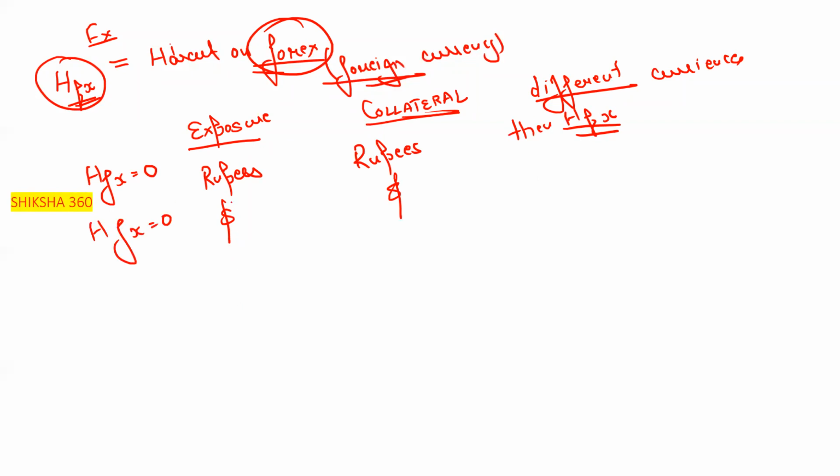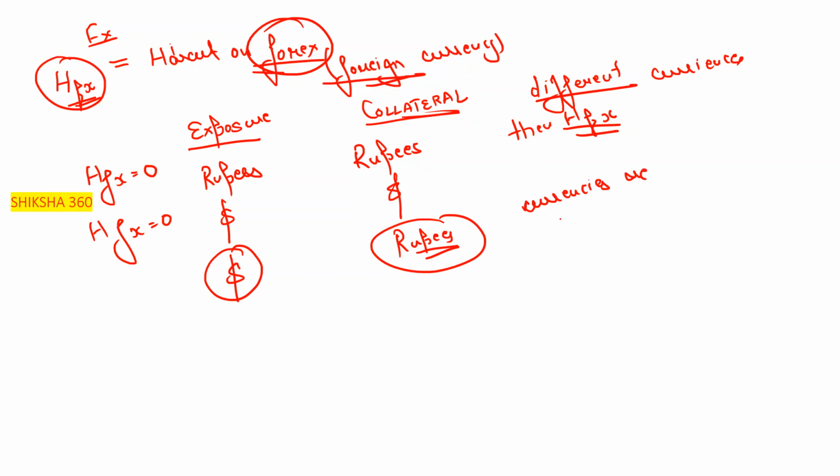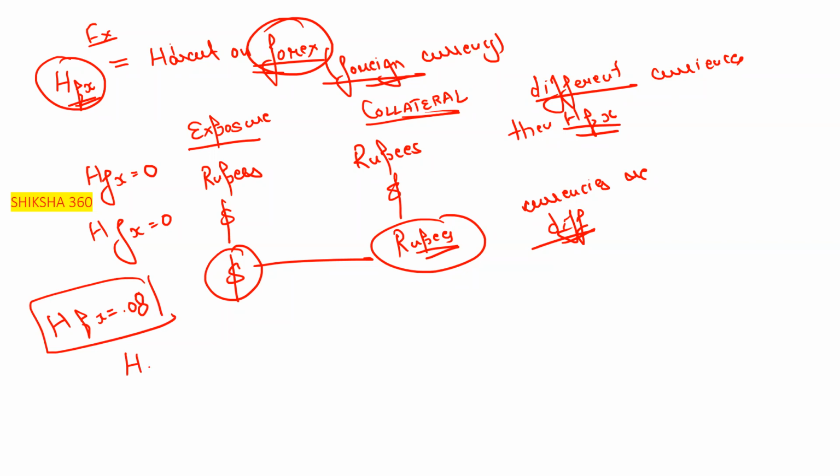Third one: if exposure is in dollar and collateral is in rupees, both the exposure and the collateral currencies are different. So in that case, HFX is equal to 0.08, or in simple language, 8%.